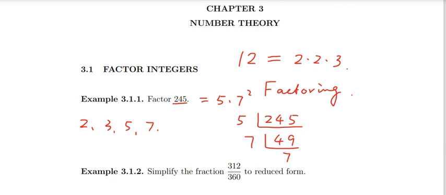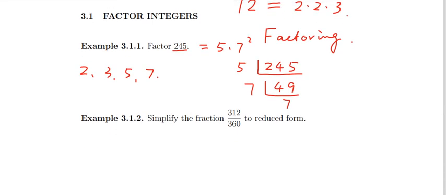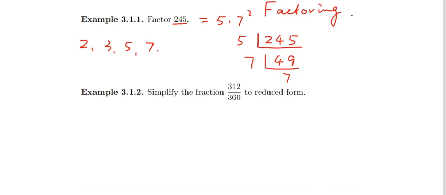When we want to simplify a fraction or reduce it to lowest form, we just need to factor, right? Cancel as much as we can. Let's say 3126. We find 2 is a divisor. This number is still even, so we have 2 as a factor.